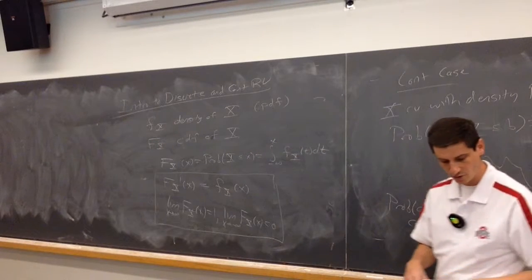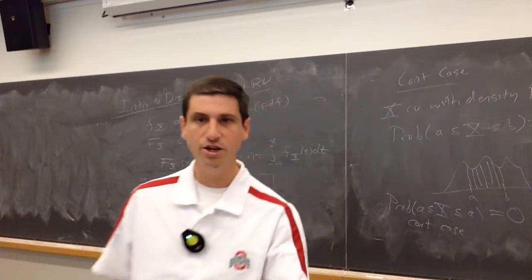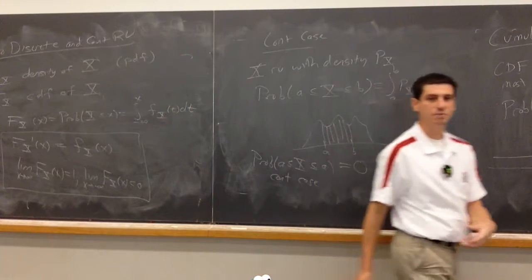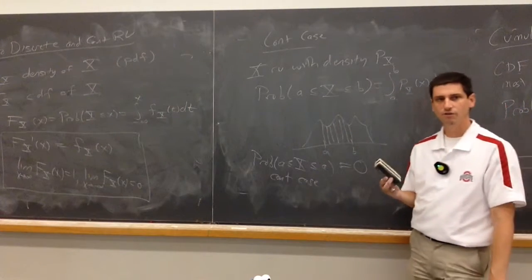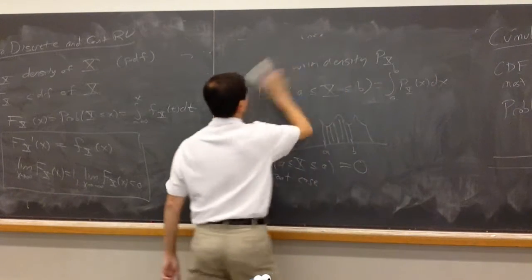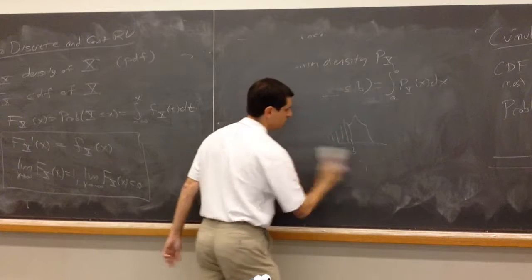All right, what I want to do now is finish today with a specific example of a potential continuous random variable. And I want you to tell me what you think.